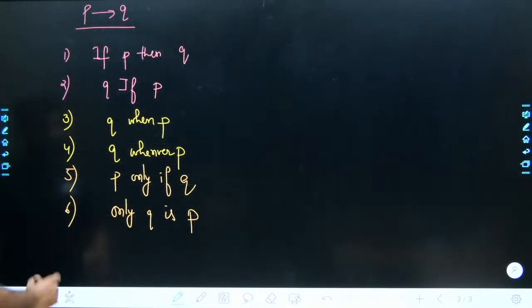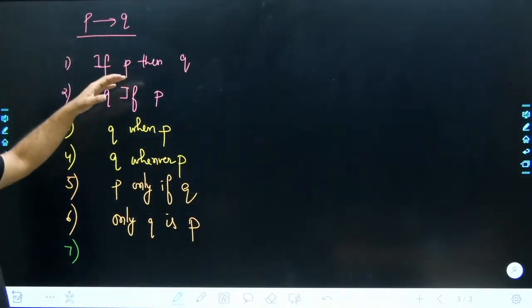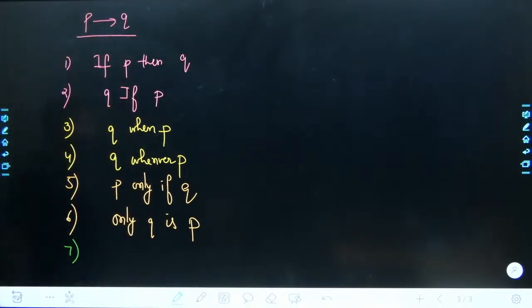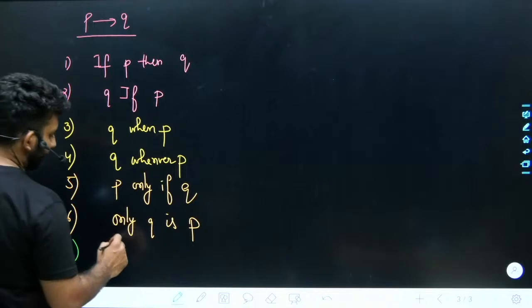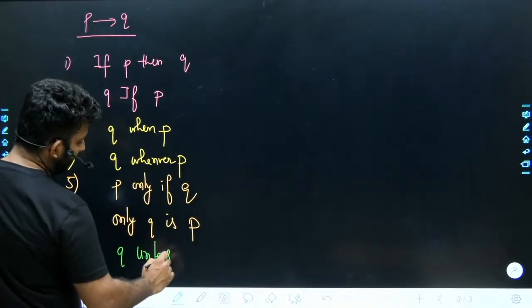Only Q is P. What else can we have over here? I am writing the different English representations you can have for the same implication. Yes, Q unless not P.